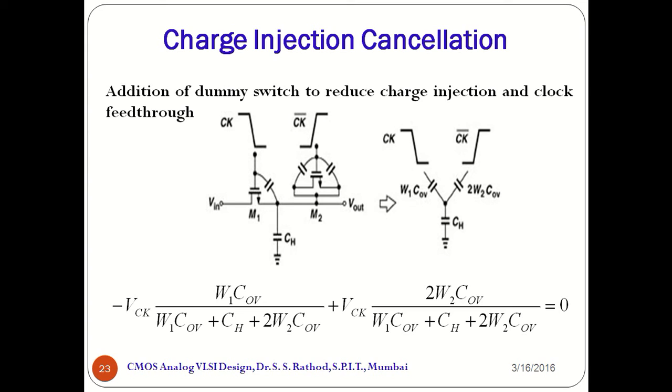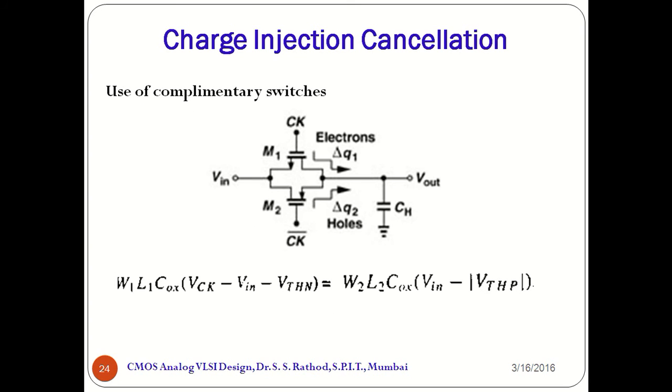The second will be Vck 2 W2 Cov upon W1 Cov plus CH plus 2 W2 Cov, and this will be equal to 0. That means the dummy switch basically reduces the charge injection.